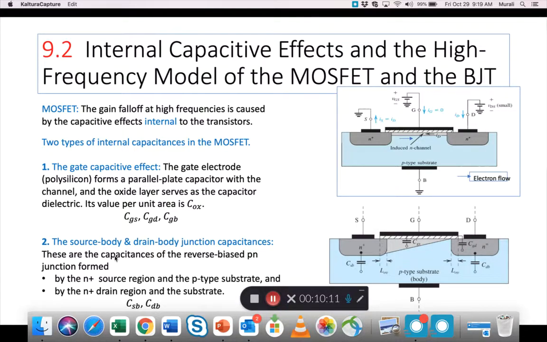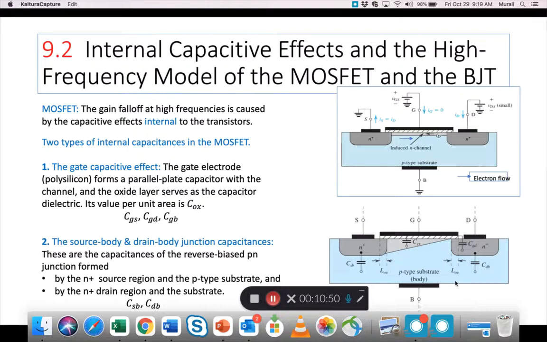The other type of major capacitance is the source body and drain body junction capacitances. So there is the source and the body, right? That's the CSB. Then there is the drain and the body, and that's CDB. These are the capacitances of the reverse biased PN junction formed by the N-type source region and the P-type substrate, and by the N-type drain region and the substrate.